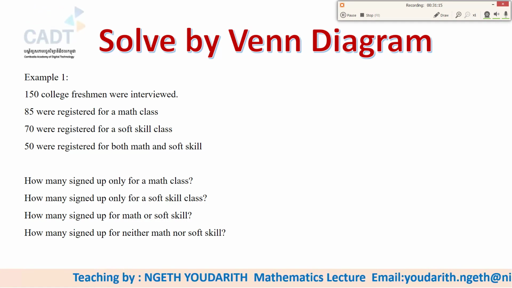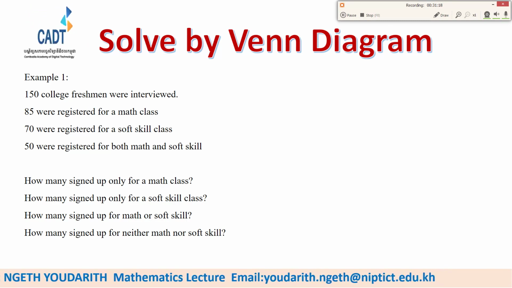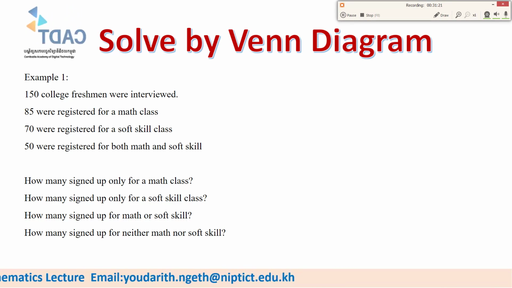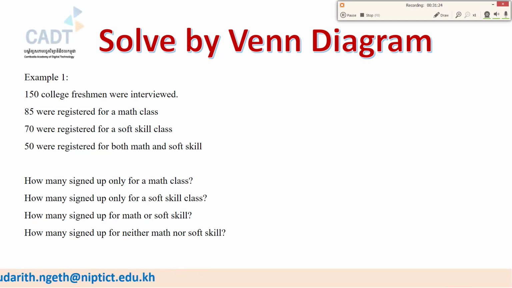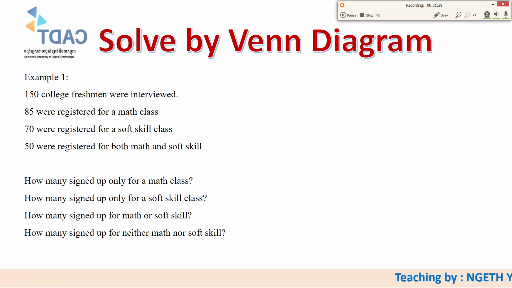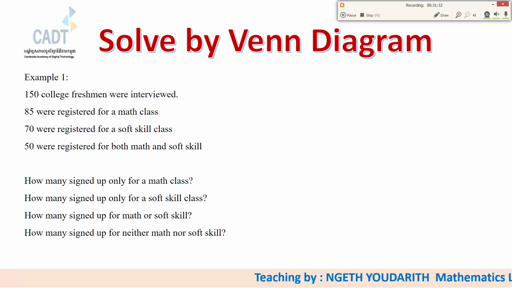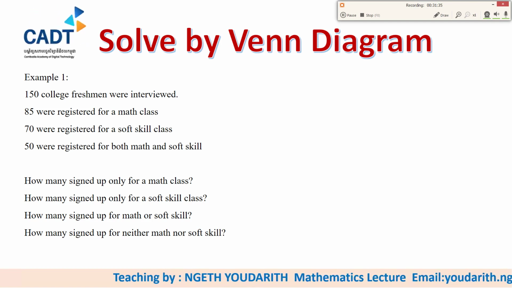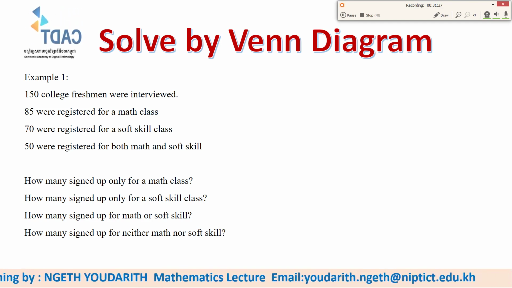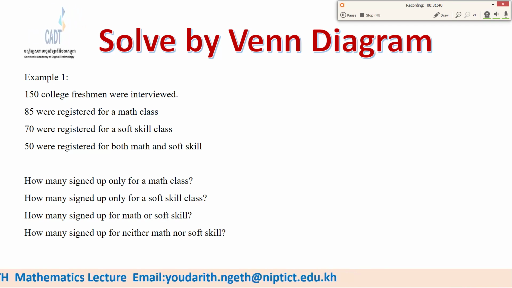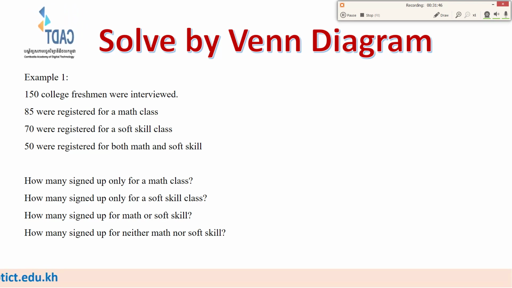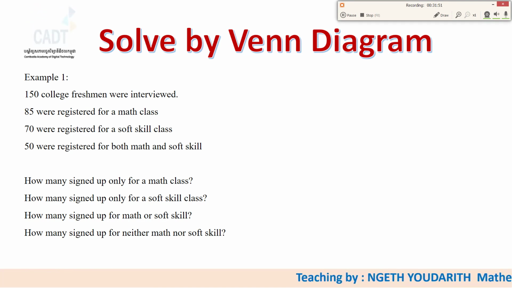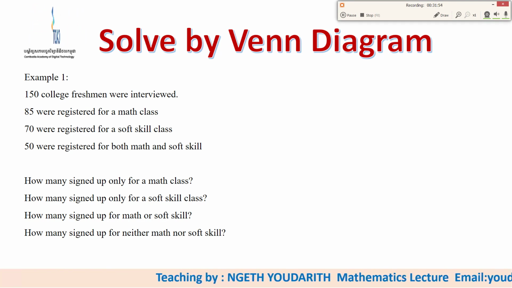Example 1: 150 college freshmen were interviewed. 85 were registered for a math class. 70 were registered for a social skill class, and 50 were registered for both math and soft skill. And the question, they don't use other properties, they just want you to solve only by Venn diagram. How many sign up only for math class?